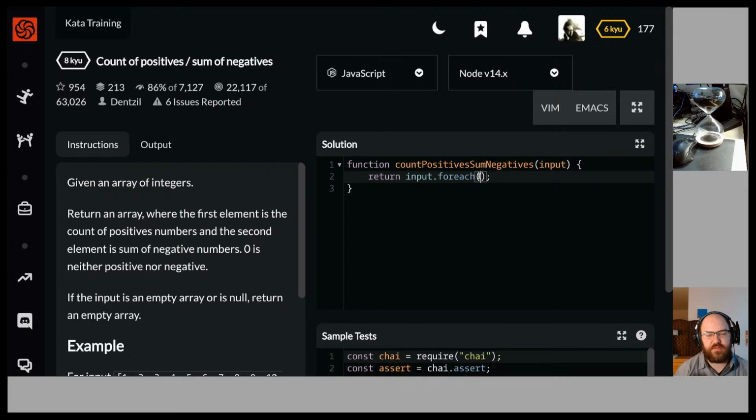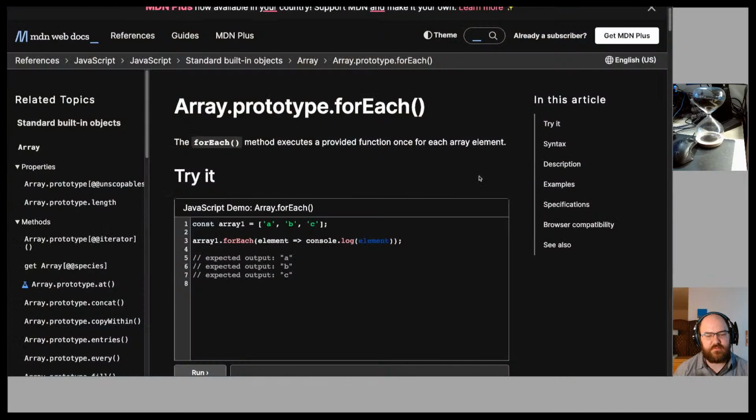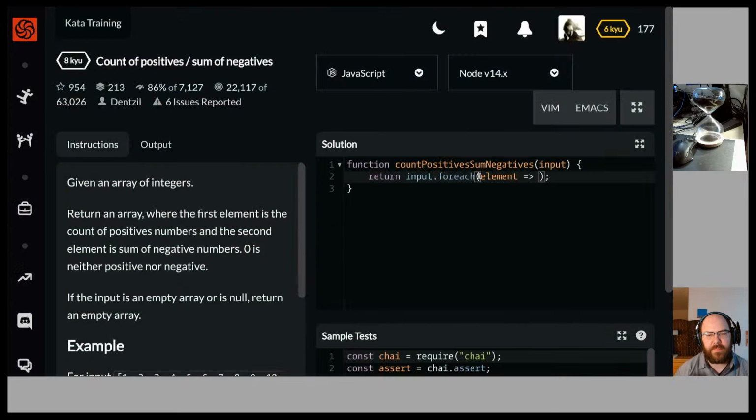We'll do element going to, we can try element greater than 0 question mark.